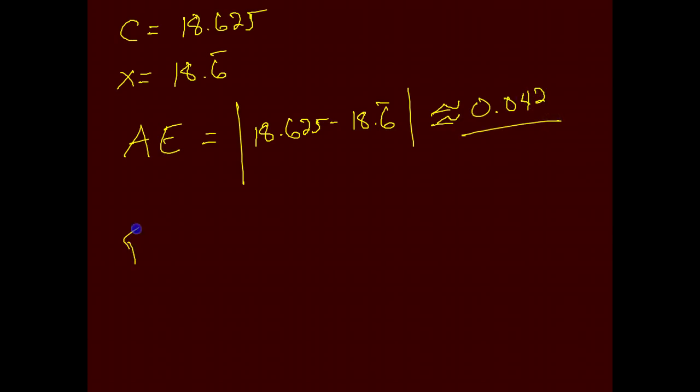Now if we want to find our relative error, we need to divide that by our 56/3, or our 18.6 repeating. So we divide those two, and we find that we have a relative error of about 0.223%. Okay, so we're less than 1%, about 0.2%, a little more.